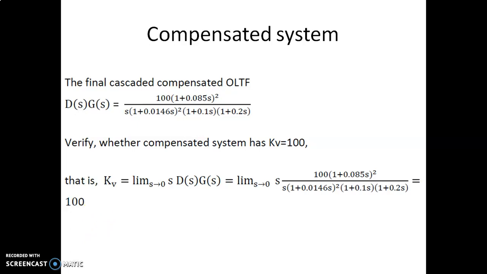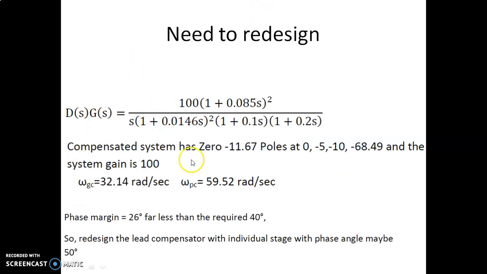So we can also verify the phase margin from this compensation. Looking at this, we have two zeros at minus 11.67, and two poles at minus 68.49, and we have three more poles at origin, minus 10 and minus 5.